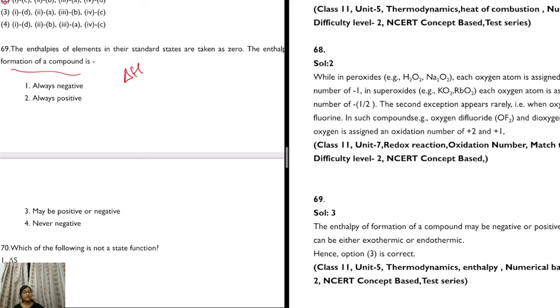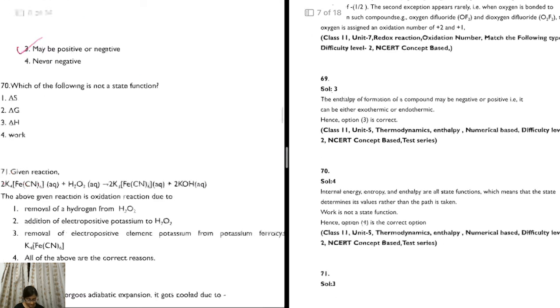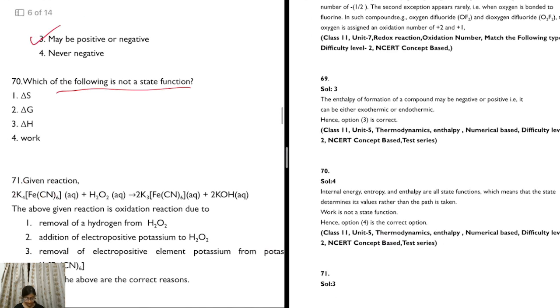It would be negative for an exothermic reaction and positive for an endothermic reaction. So it can be positive or negative. Now in the next, which of the following is not a state function? Out of these, work is not a state function. Why? Because it is a path function. It depends on the path followed. The others do not depend on the path followed.